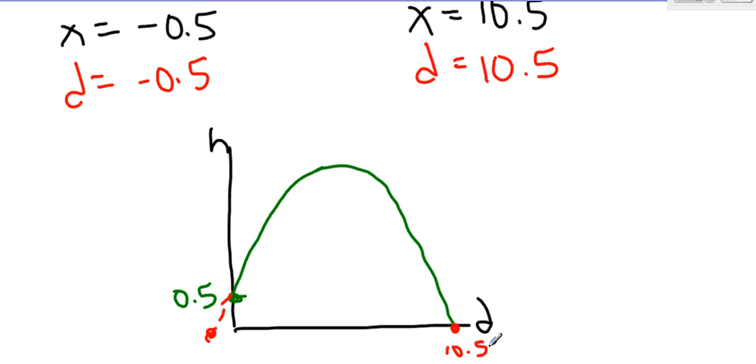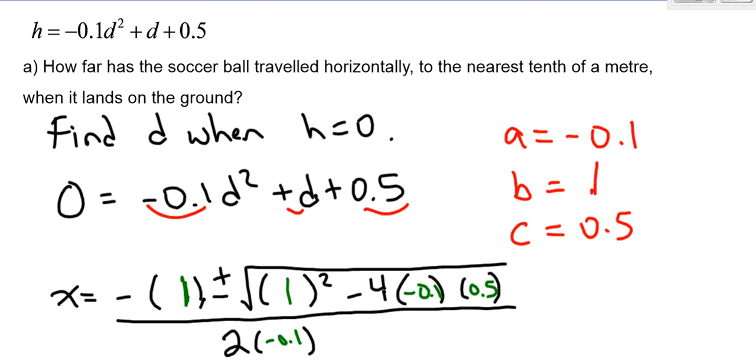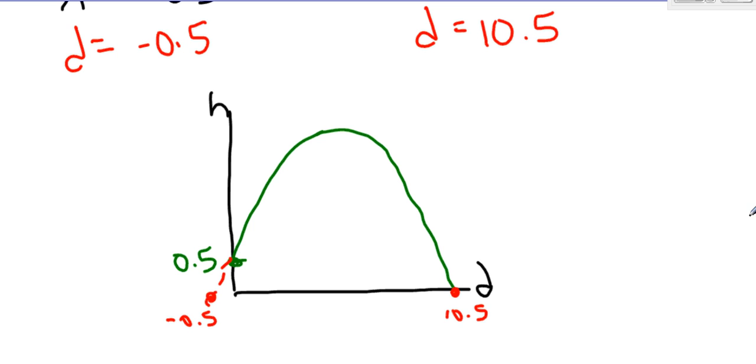Well, I like this one. This one makes sense. When I've seen soccer balls hang in the air for 10 seconds or so. This one doesn't make sense. So why did we get it? Well, the algebra that we just did has no idea that this parabola represents a soccer ball. So it doesn't know to ignore negatives, but it gives us both answers as if this was purely algebra.